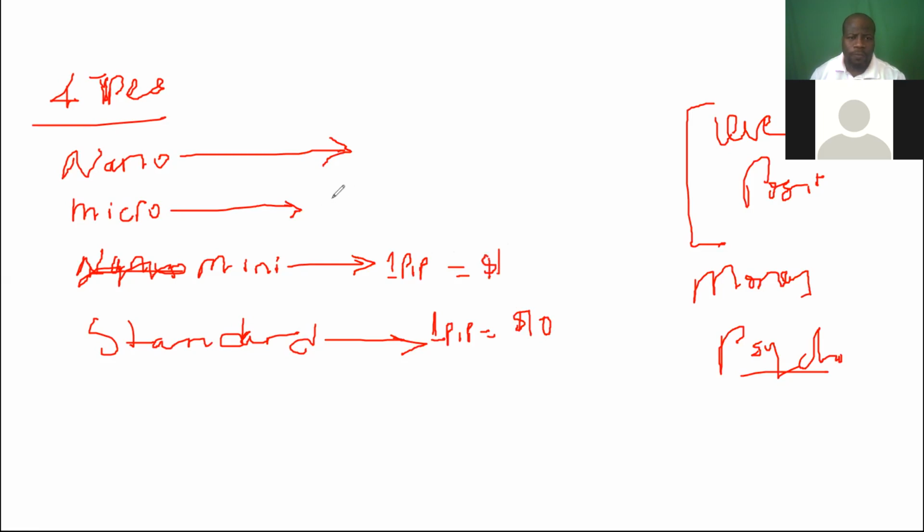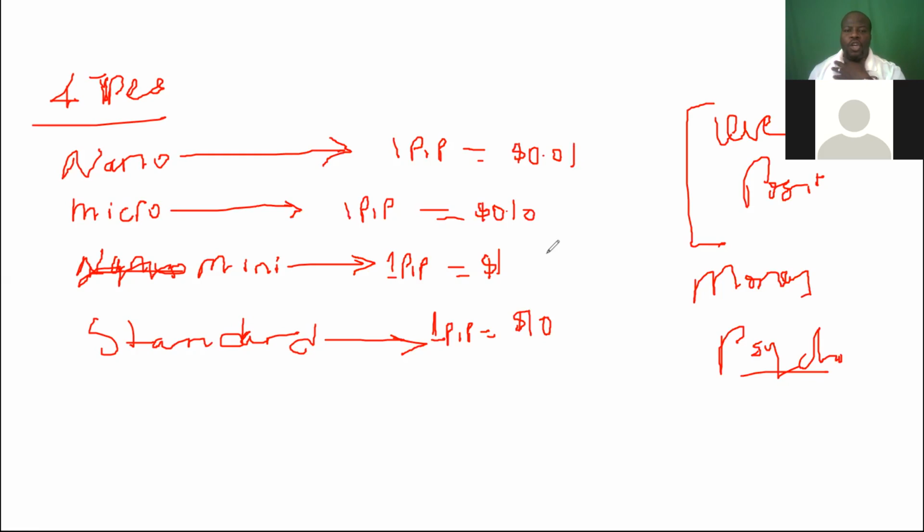On micro, one pip will be equal to 10 cents. On nano account, one pip will be equal to 1 cent.